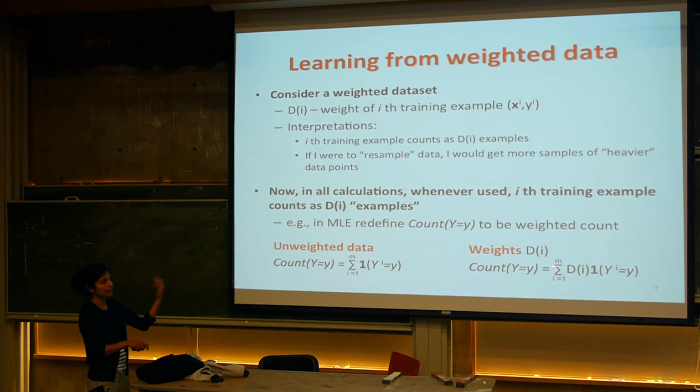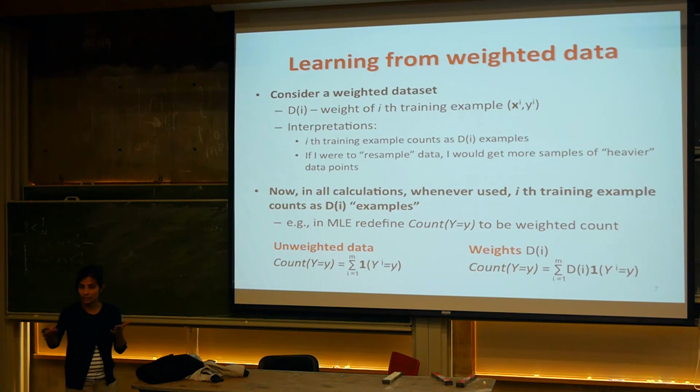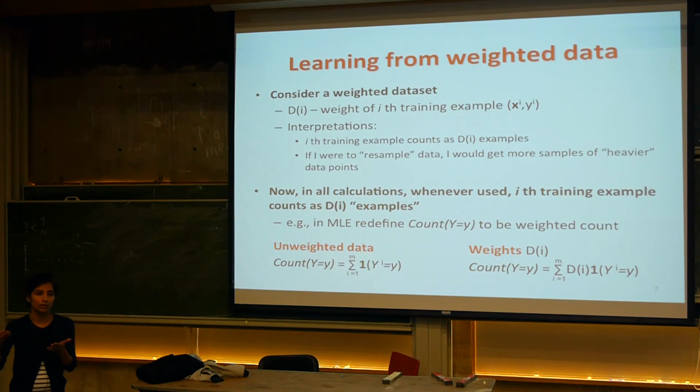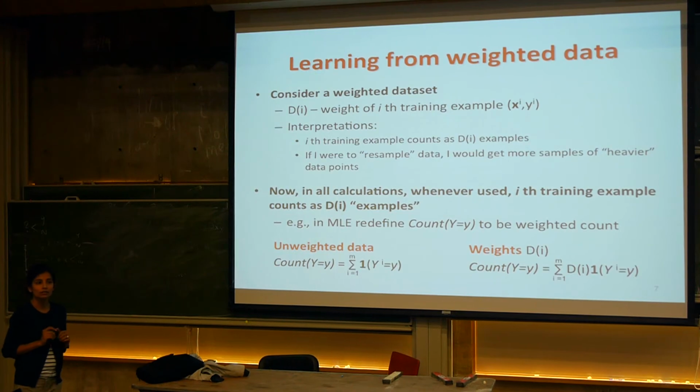Now we are just going to multiply it with the weight, which is as if we replicated the ith label d_i times, and we are adding some extra counts for each of the labels based on what its weight was. So really, that's all the change you have to make as far as how to learn a weak classifier on weighted data. Does that make sense?